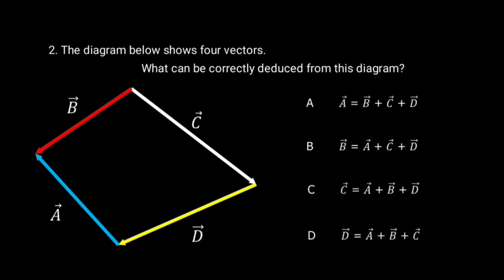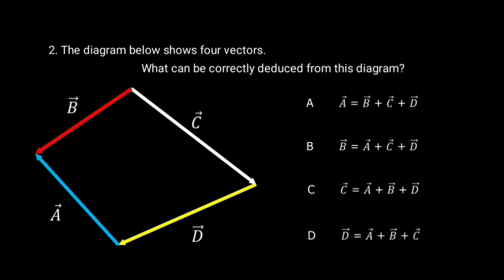So if this is the starting point, you can move along vector C, you can move along vector D, then you move along vector A, you stop at this position. What will be the shortest route you can take from your start point to your finishing point? Well, it looks like that will be vector B. So vector B can be the resultant displacement of vector C, D, and A. So vector B is actually the resultant of all the other 3 vectors.